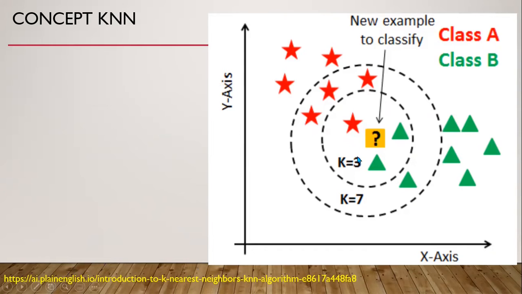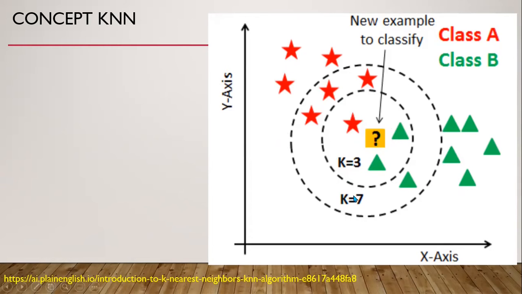If we assess three neighbors surrounding the new example, or a new sample, or a new data point, then the class assigned to the new point is the majority class of the neighbors, the number of neighbors specified by the K. So if K is set to 3, there are three neighbors, two are green points and one is red point. So the new point is assigned as the green point, or class B.